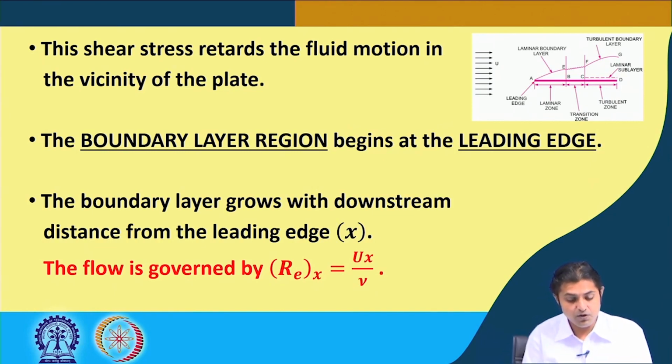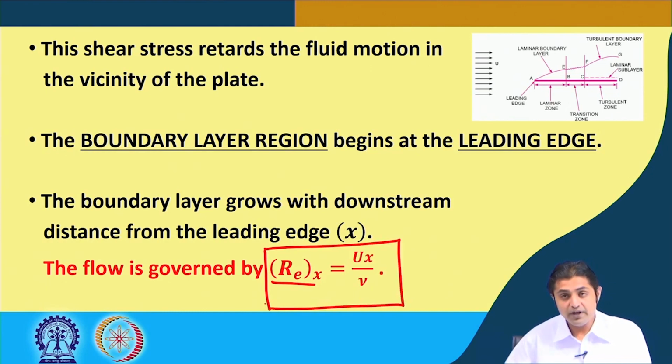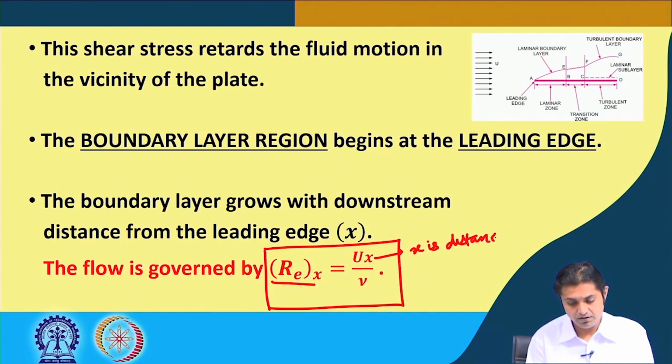So, there is going to be a Reynolds number associated with this phenomenon, that is the development of the boundary layer, which is given here: Re at a distance x is given by u x by nu, where u is the free stream velocity, x is the distance from the leading edge of the plate, and nu is the kinematic viscosity of the fluid.